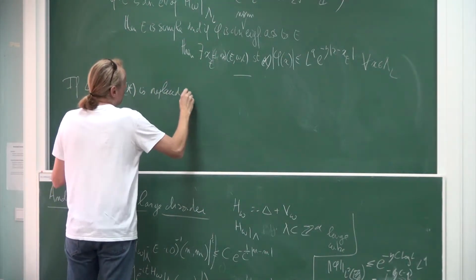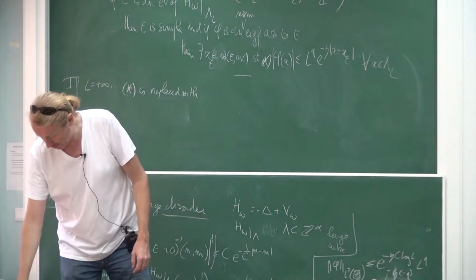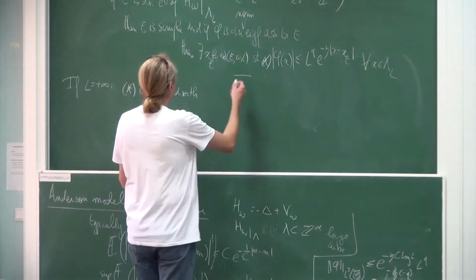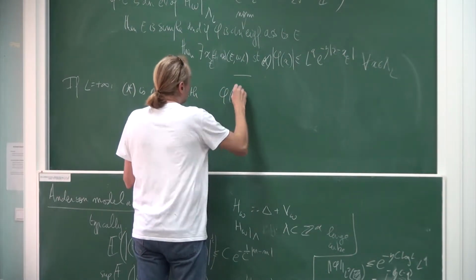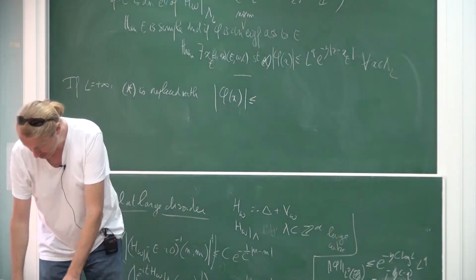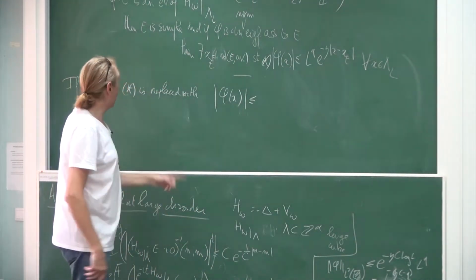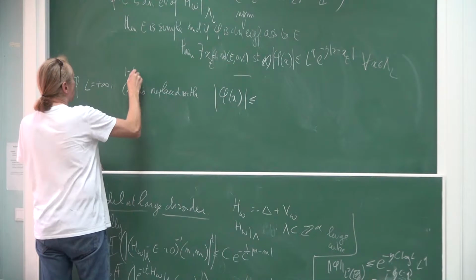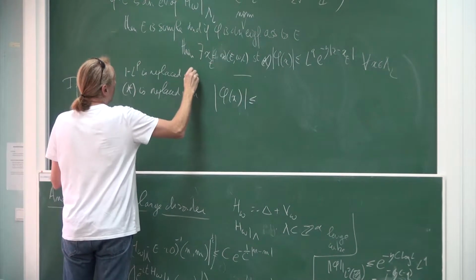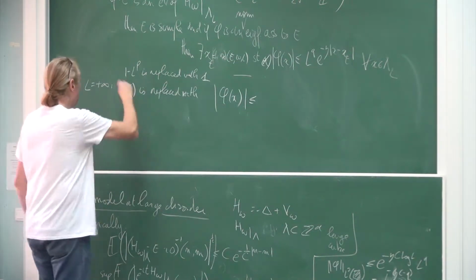You use the distance of the center of localization to 0. The L doesn't really play a role, but 1 minus L to the minus p is replaced with 1, so with probability 1 now, we have let L go to infinity.